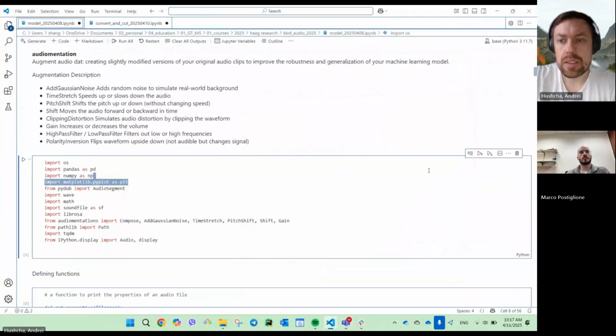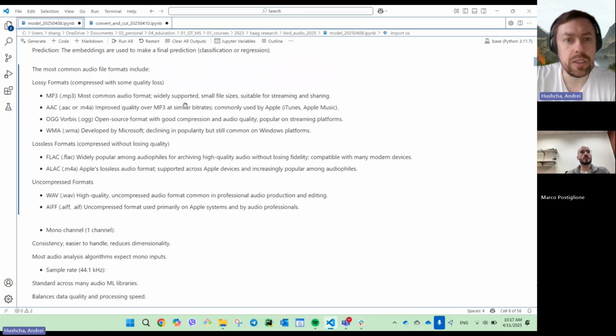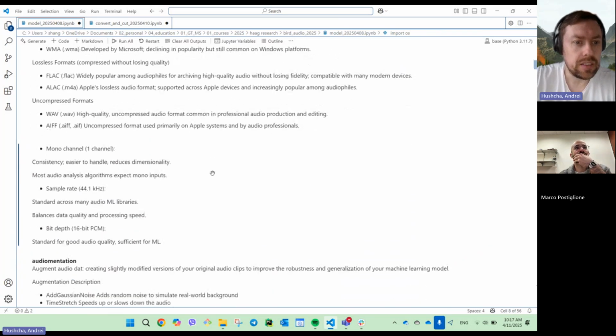Okay, cool. I've put some notes here, if you can see. These are the files I was looking at when trying to choose which one to use. Basically WAV is the standard. I also put in the one channel, sample rate, and bit depth just to make sure.